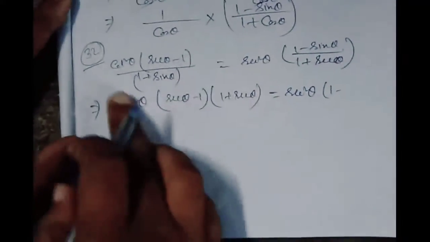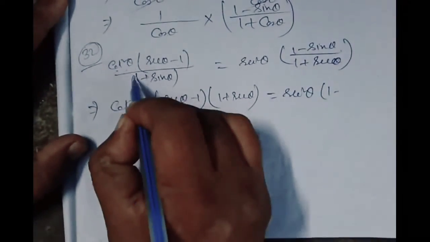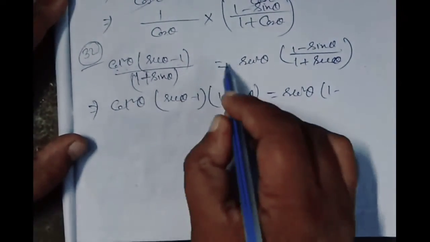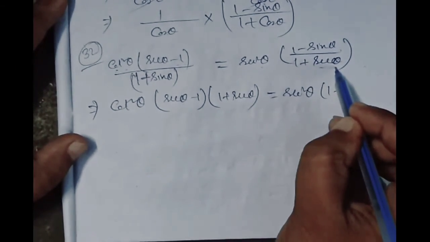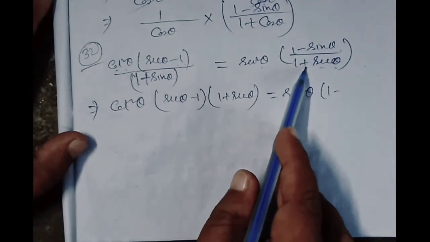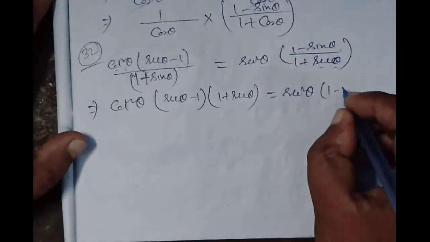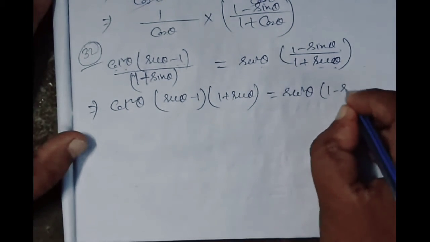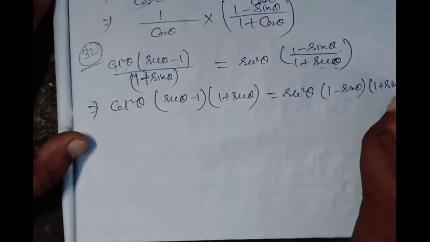Now question number 32. It is given that cot square theta into sec theta minus 1 by 1 plus sin theta equals sec square theta into 1 minus sin theta by 1 plus sec theta. We adjust it by multiplying 1 plus sec theta over here and 1 plus sin theta over here, so we get sec square theta into 1 minus sin theta into 1 plus sin theta.